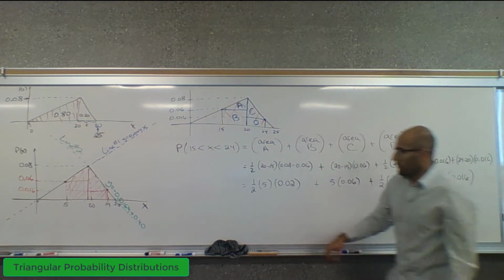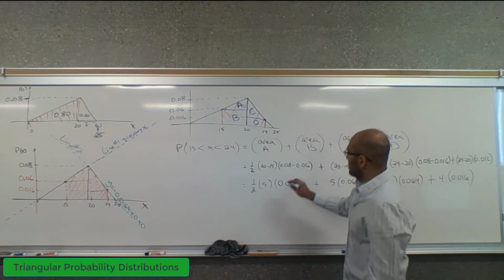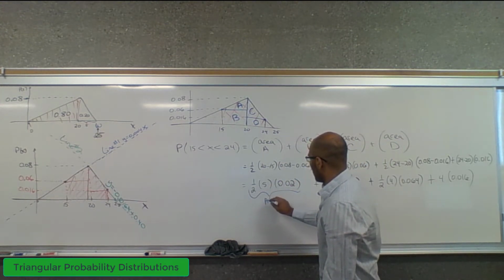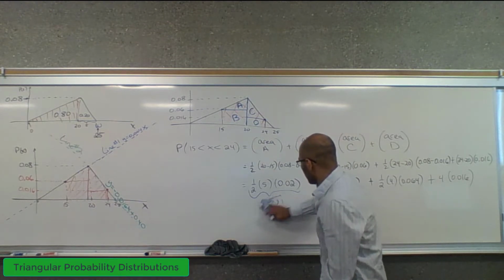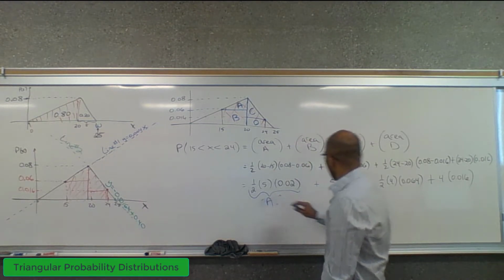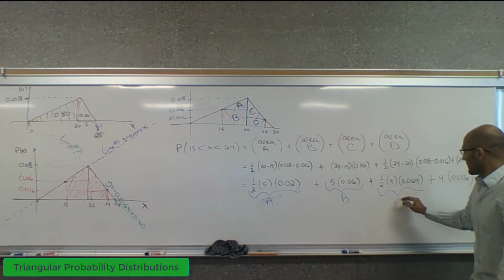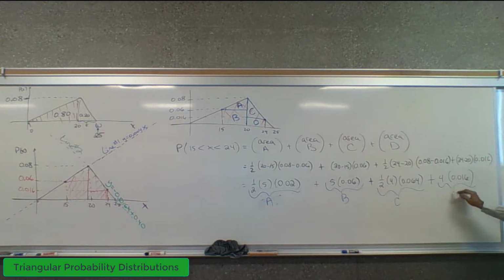Okay, so this was A, this one was A, this one was B, this one was C, and this one was D. Okay, we set it up, now we can just multiply it all and get an answer.